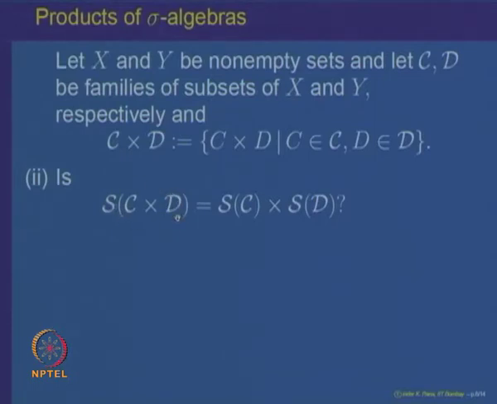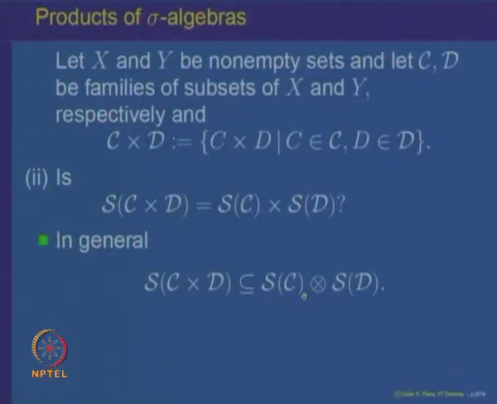On the other hand, look at the sigma algebra generated by C, call it S of C, that is a sigma algebra of subsets of x, and generate the sigma algebra by the collection D, call that S of D, and then take the rectangles generated by these two sigma algebras. So, that is S of C cross S of D. So, the question is, are these two things equal?